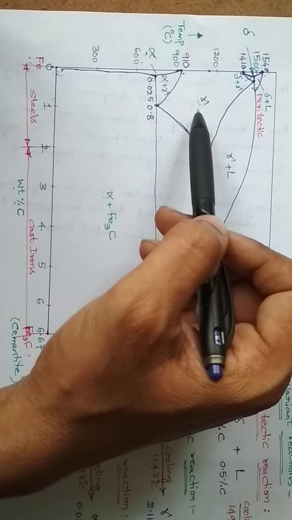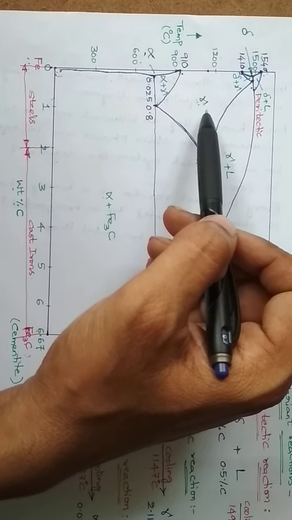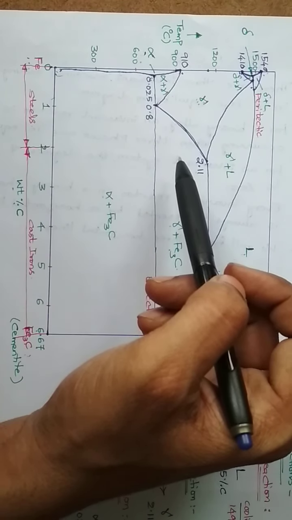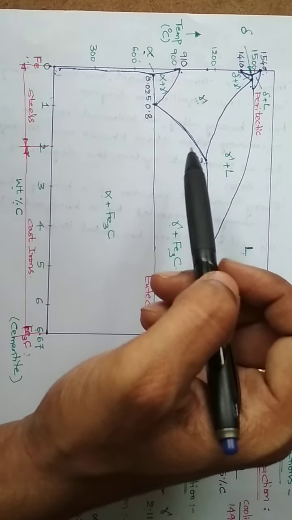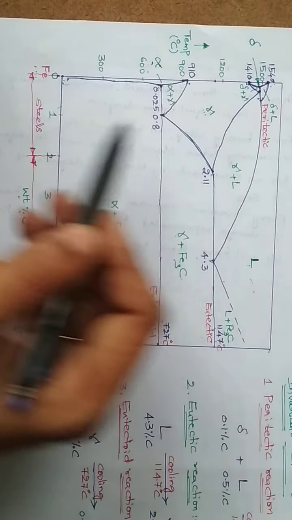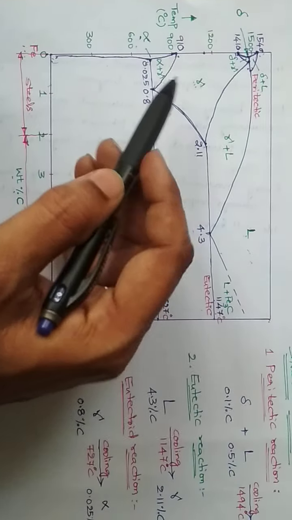This phenomenon is known as polymorphism. Poly means many, morphism means crystal structure. If a metal exhibits different crystal structures at various temperatures, it is known as polymorphism, and iron is the best example which exhibits polymorphism.